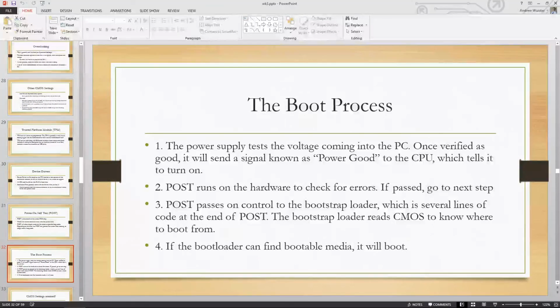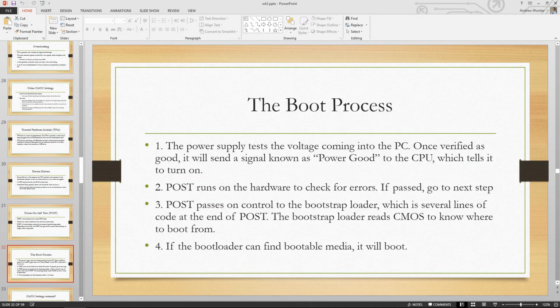Sometimes you get those. If that passes, it goes on to the bootstrap loader, which is just several lines of code in the POST. The bootstrap loader contains information such as what order to boot things in, so what you set in the CMOS earlier, like I want CD to boot before hard drive to boot before floppy or whatever.